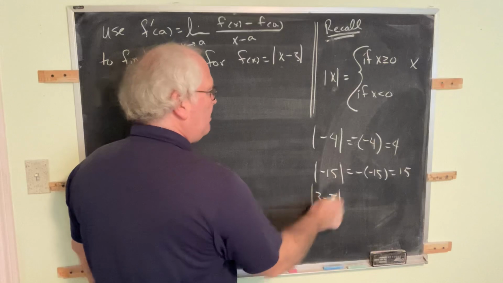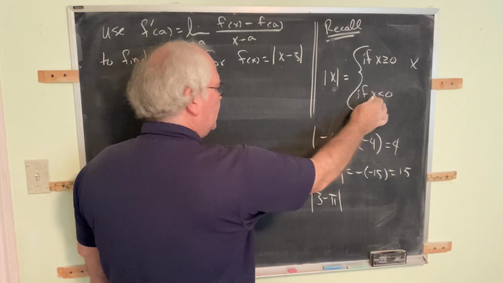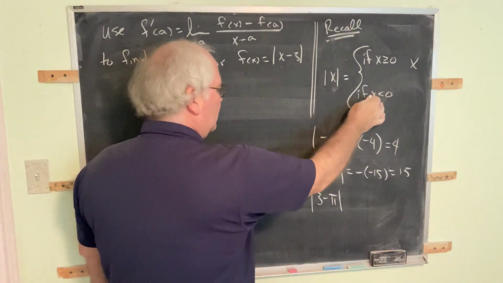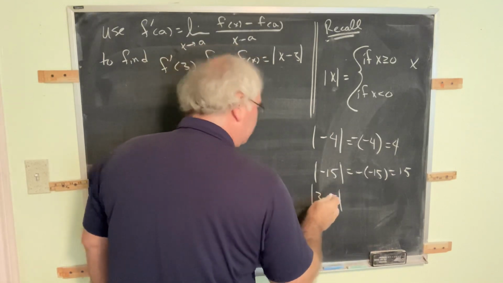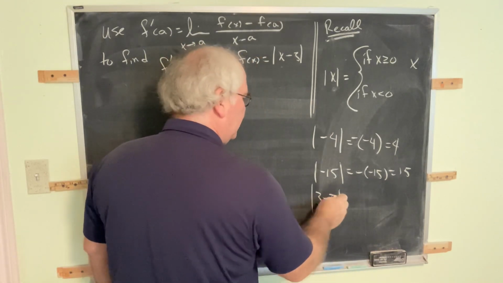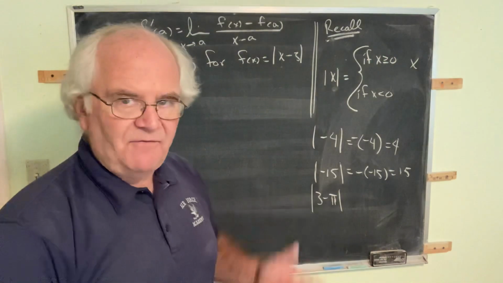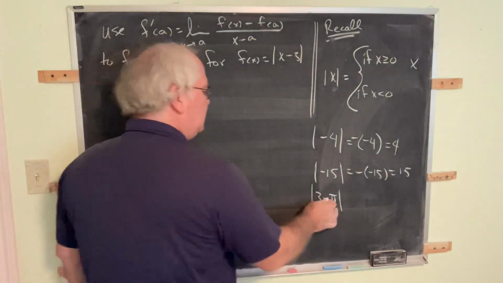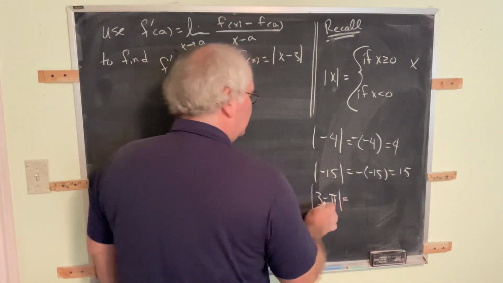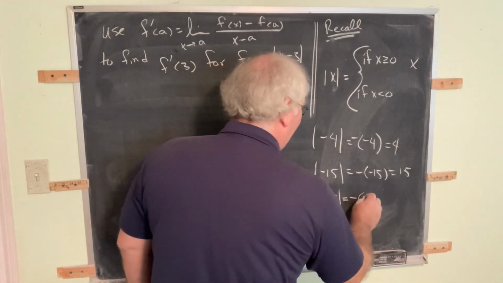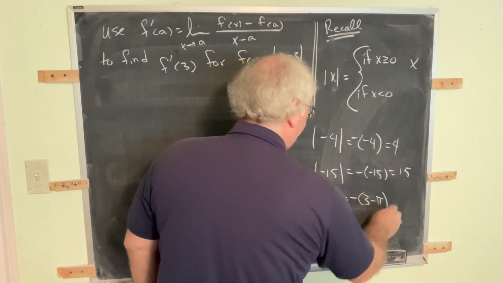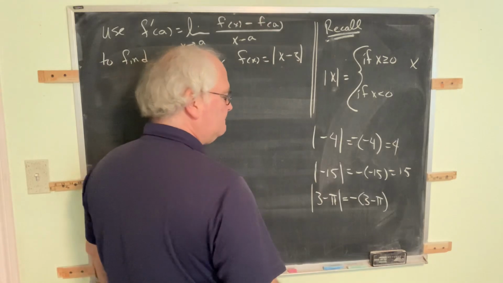3 minus pi falls into this category. So you don't change the minus to a plus. That's like the 5th grade way of thinking of absolute value. What you do is you throw an extra negative sign in front and you simplify.